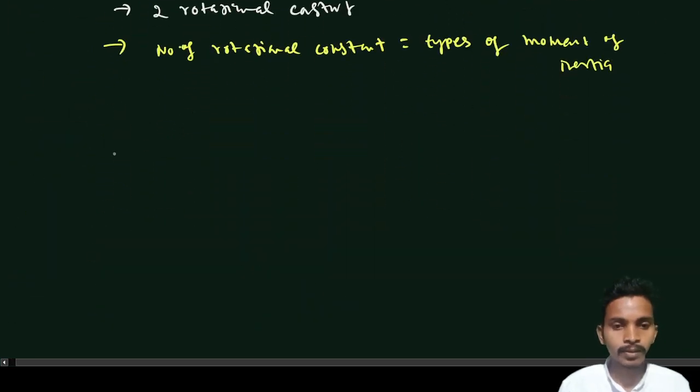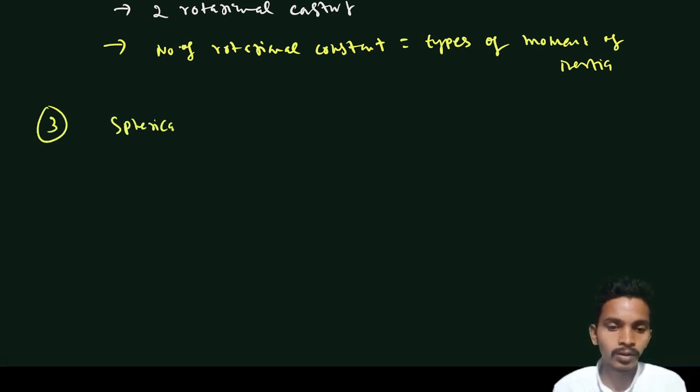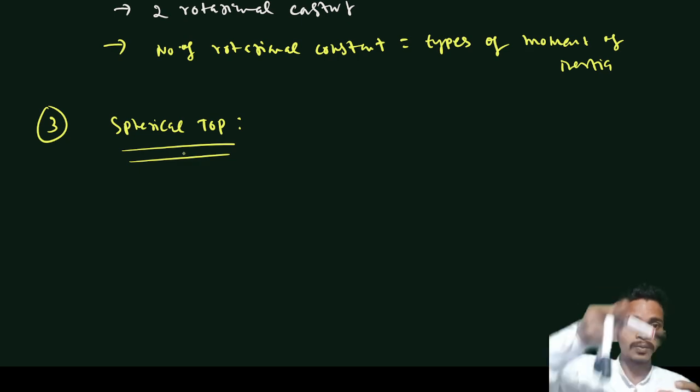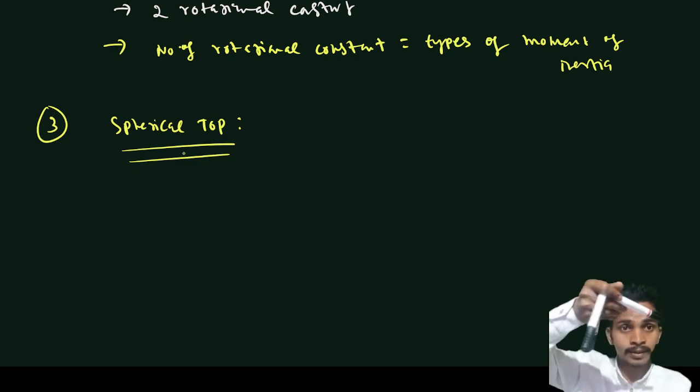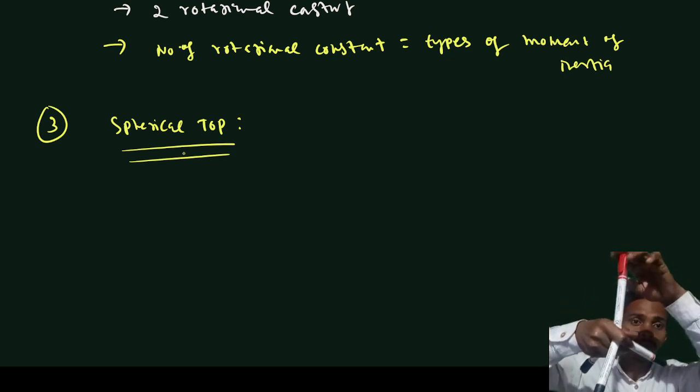Now we will discuss the next type of molecules, that is spherical top molecules. So what are the spherical top molecules? We have discussed NH3, that is a C3v type molecule, where these are the same and this one was different.